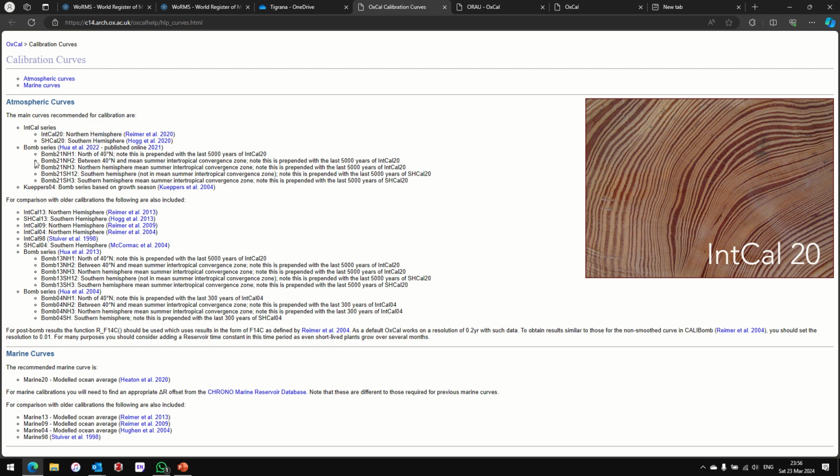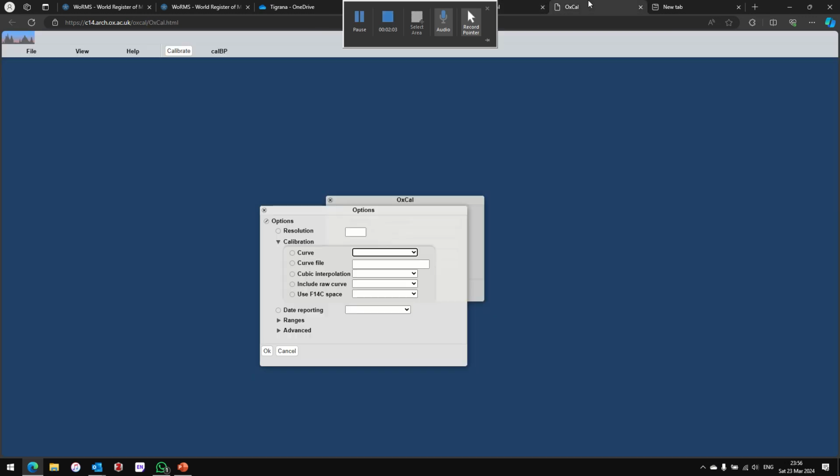I really don't know what these exactly are. The most appropriate curve that seems to me among the atmospheric curves is IntCal20 from the northern hemisphere. And since these are terrestrial gastropod samples, the marine curves do not seem well suited for that.